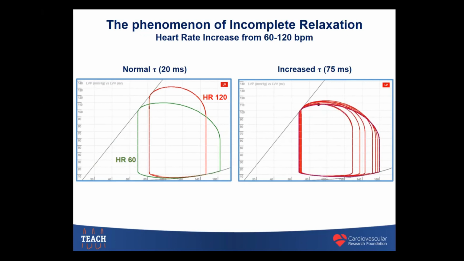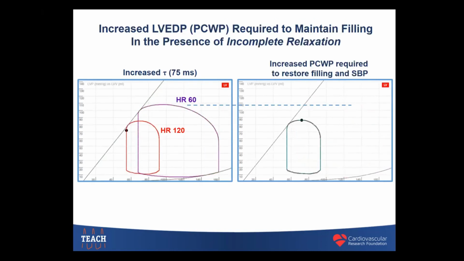At 75 milliseconds, now we're going up to a heart rate of 120. What you see is what's happened here. Obviously your stroke volume has gotten, I'll freeze it next time it gets there if I can, your stroke volume has gotten, let's see if this picture shows it better.